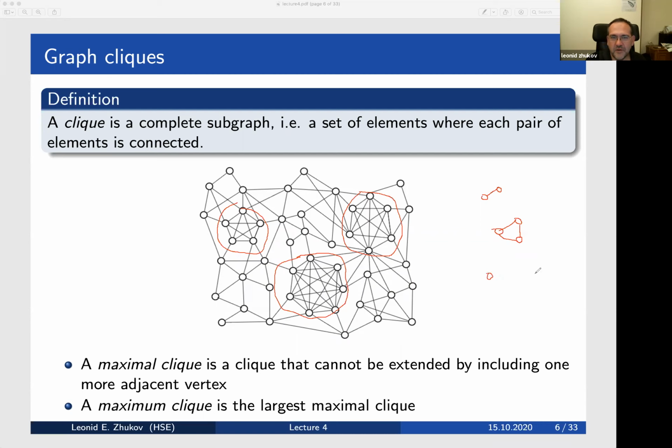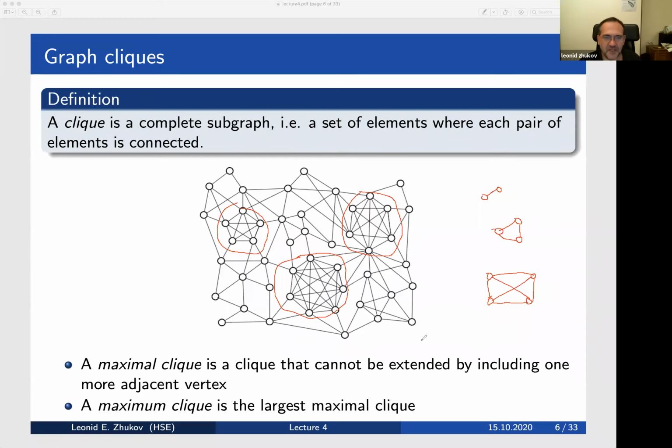If you have 4 nodes, say, this is not a clique, this is not a clique, this is not a clique, this is a clique, right? And so on and so forth. So depending on how many nodes you consider, your cliques look different, but the point is the clique is a completely connected subgraph made of those nodes, right?